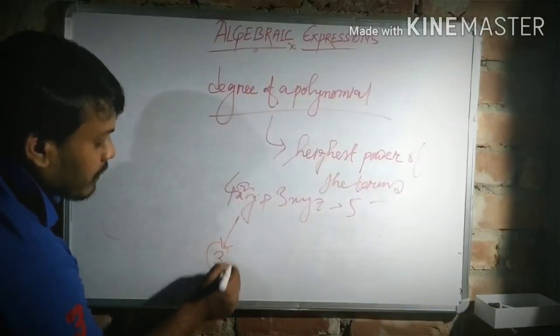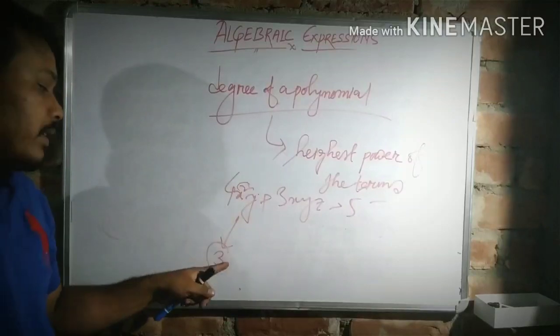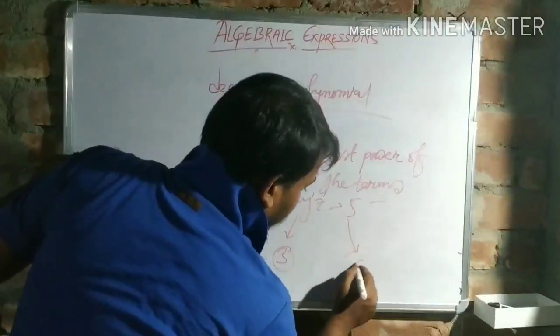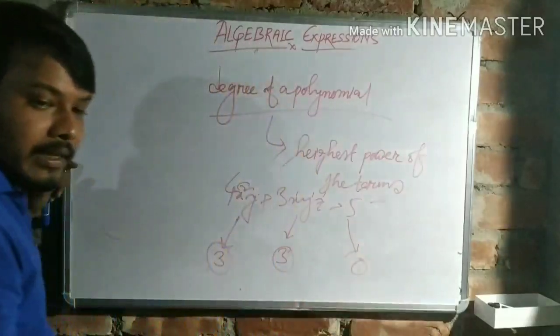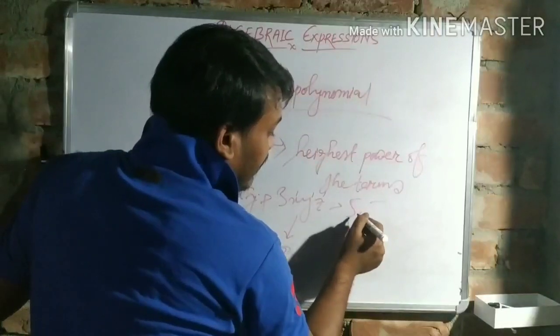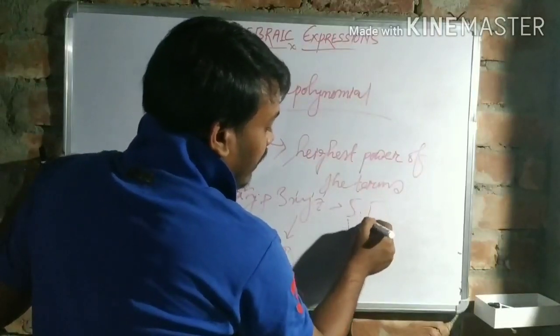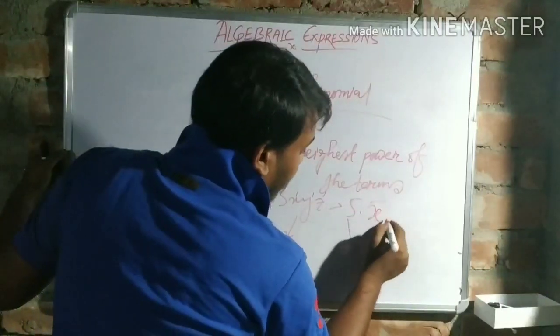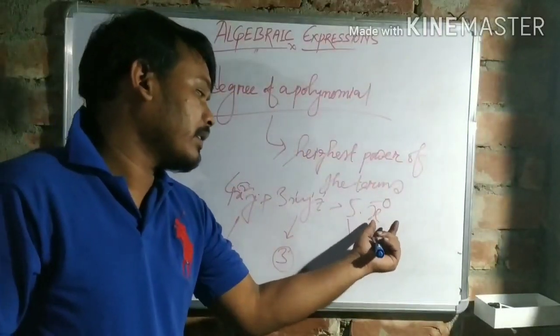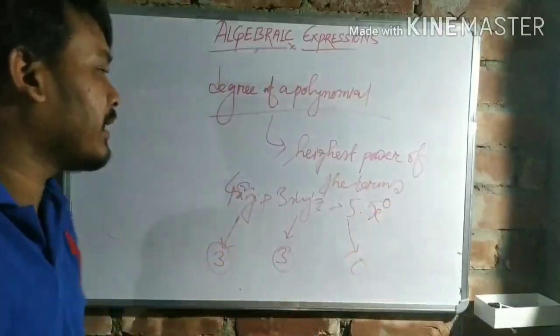So the power of the first term is 3 plus 1, and the power of the third term is 0, because in exponents we know that we can write 5 as 5 into 1, and 1 means x to the power 0, or y, z, anything.